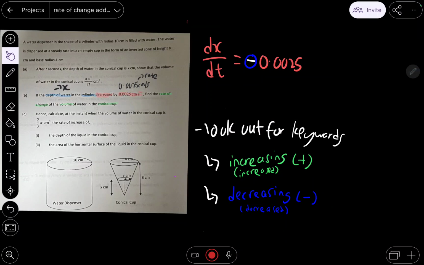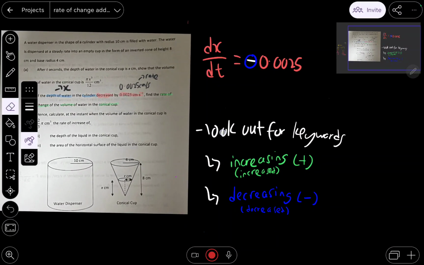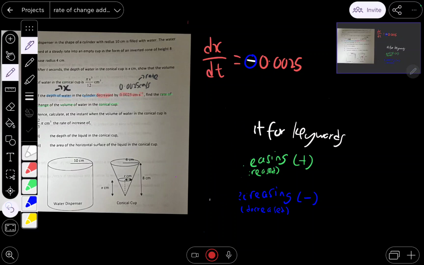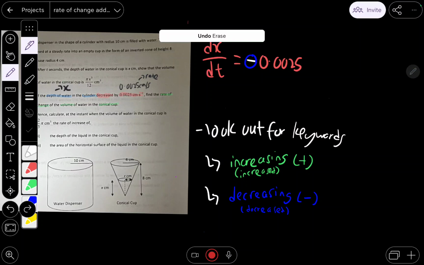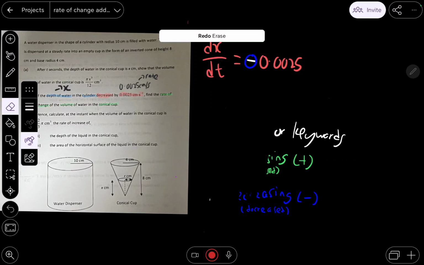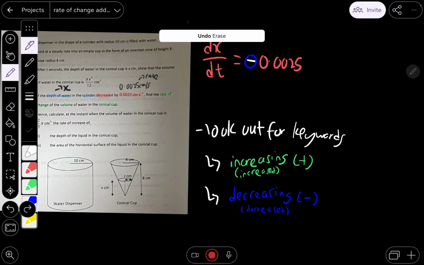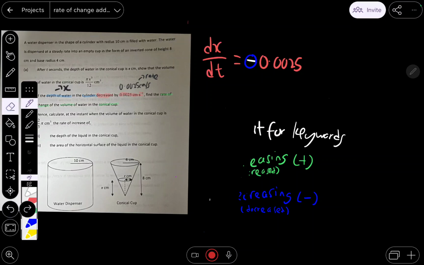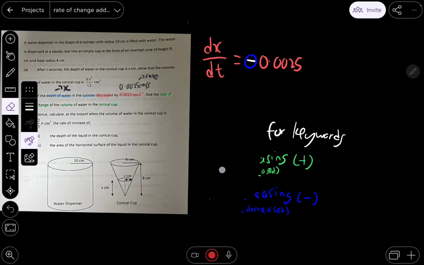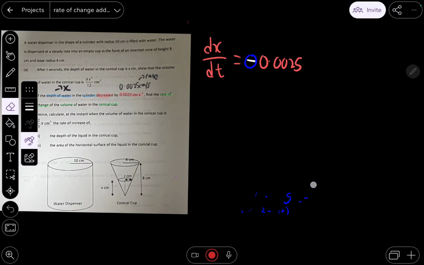Do you want to take a photo or not? You can take a photo first. Pause to take photo. I'm going to remove it already. So always remember to take note of your sign, and also pay attention to the question parameters, alright?